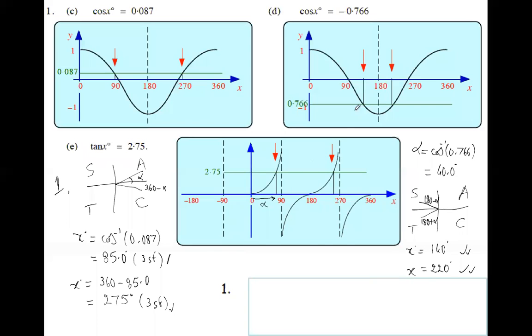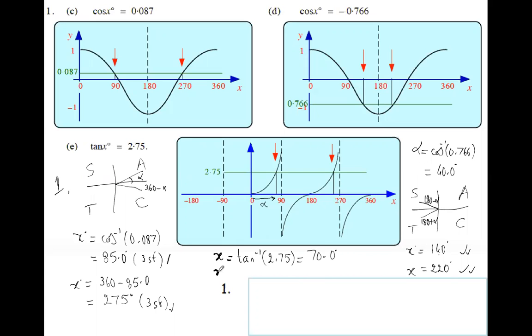And for the tan, the good thing is positive. So I'm going to look for where tan is positive, 180 plus, and where it's alpha itself. So x is inverse tan of 2.75. So shift tan 2.75, and I get 70.0.